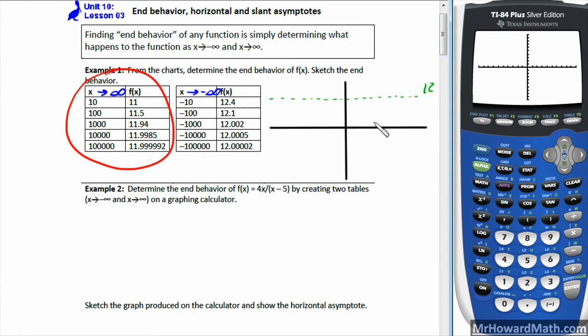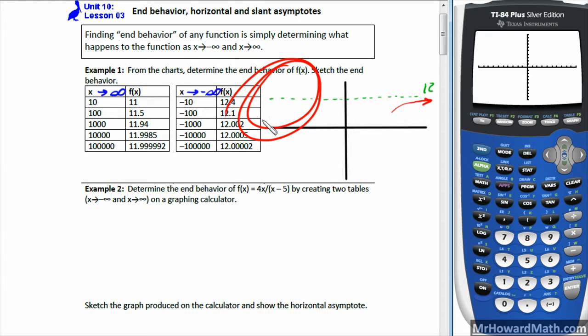As x is going to positive infinity, we're approaching 12 from below. So we're at 11, and then we get closer and closer and closer, and it does this. So as x goes out here to positive infinity, y is approaching 12 from below. Now this part, as x approaches negative infinity, so that's the far left side of the graph. We see that our function values, the y values, are approaching 12 from above.